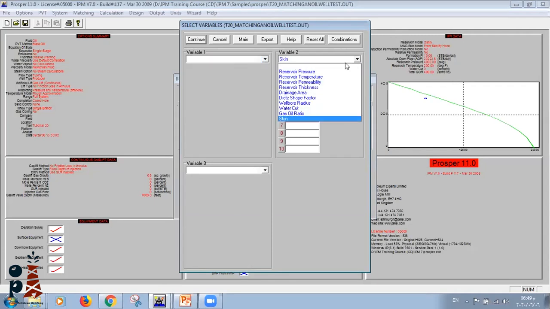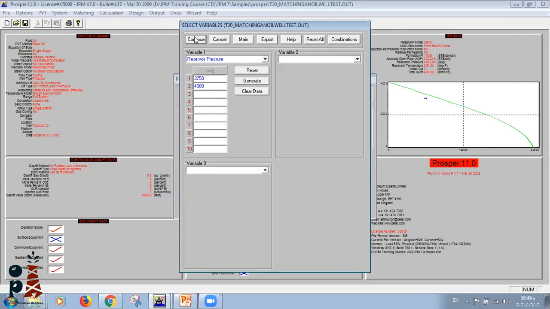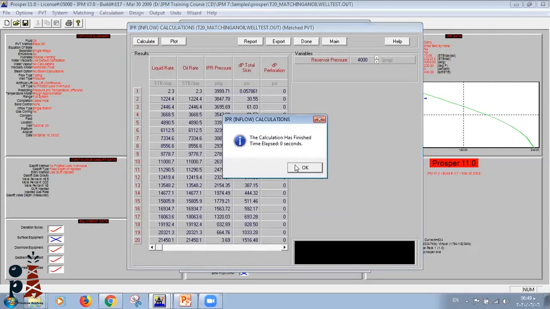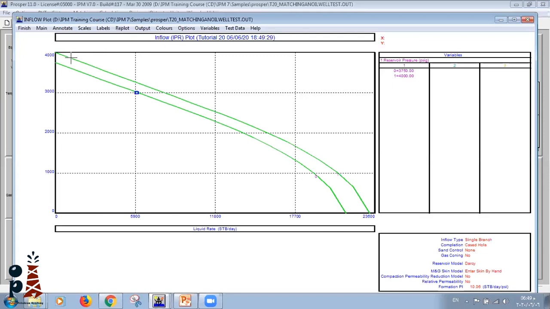First, this was the original IPR of the well, and then I have this test data. So at the beginning, I changed the reservoir pressure to see what the reservoir pressure would be to pass through this test point.